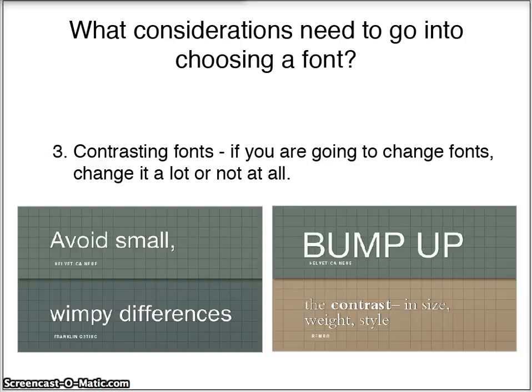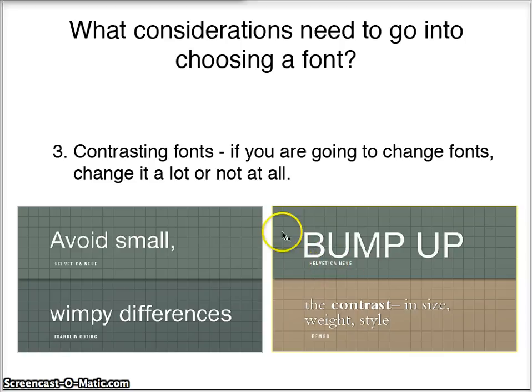Third thing that we'd consider is contrasting our fonts. If we're going to contrast fonts at all, we need to do it a lot and not have wimpy differences. If we do use wimpy differences, basically what that is going to do is just going to kind of throw off a balance there. It's not really easy to understand why one font would be just a little bit different than the other. If you are going to do it, it just needs to be very noticeable and done for a purpose.